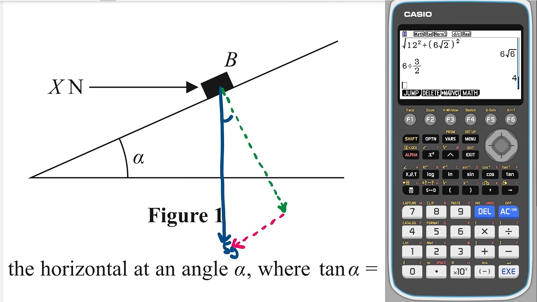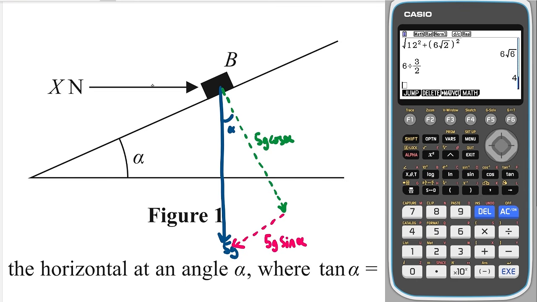Now I know that the angle will always be the same as the slope, and that angle is looking directly at the red line here, so that's 5g sine alpha because it's opposite the angle. And the green one will be 5g cos alpha because it's adjacent to the angle.